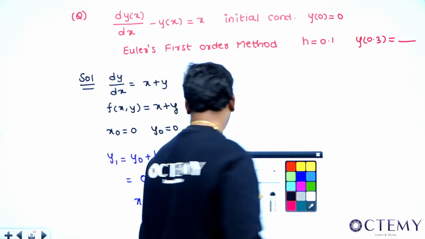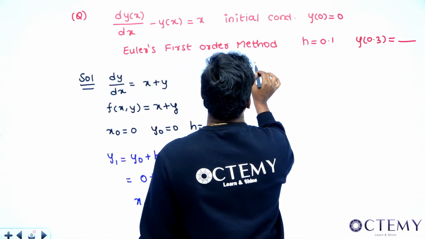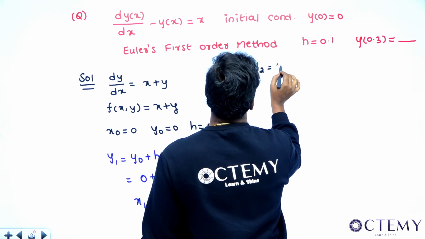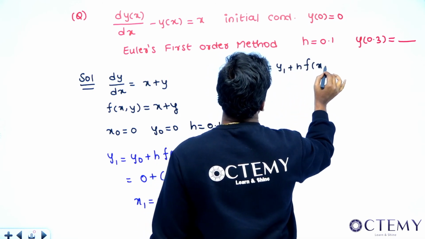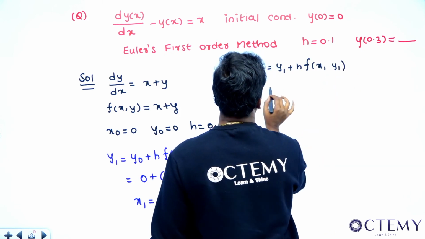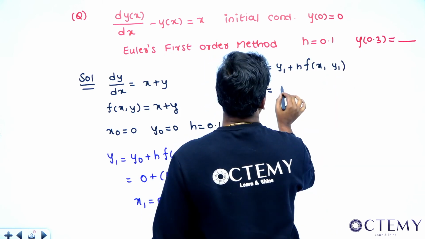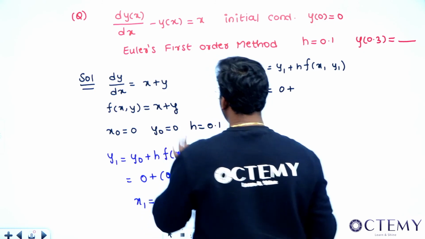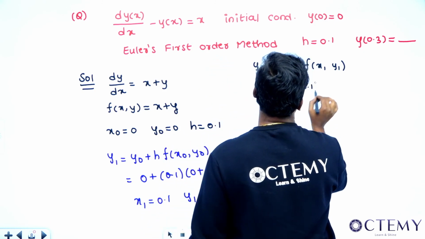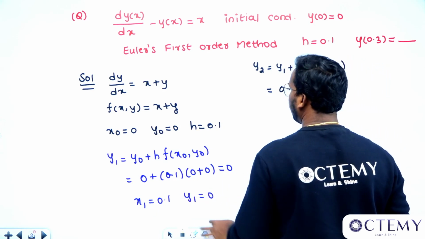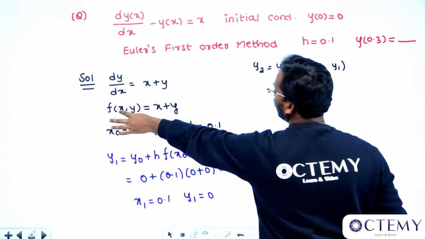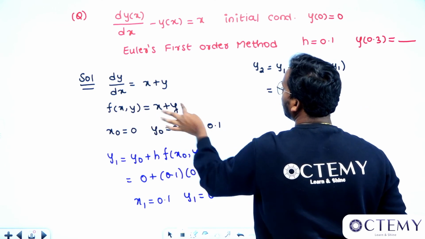Now let us do y2. y2 is equal to y1 plus h f of x1, y1. y1 we got as 0, plus h value 0.1, into x1 plus y1, because f of x1, y1 is x1 plus y1.